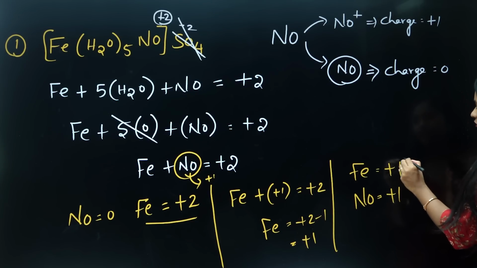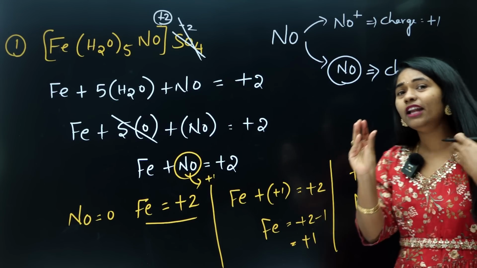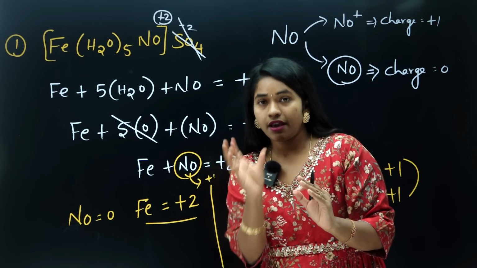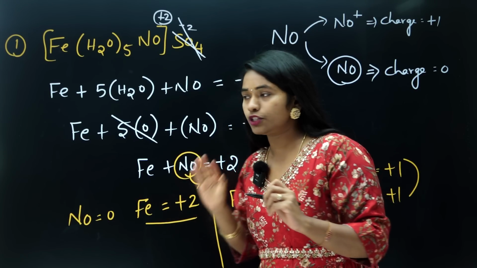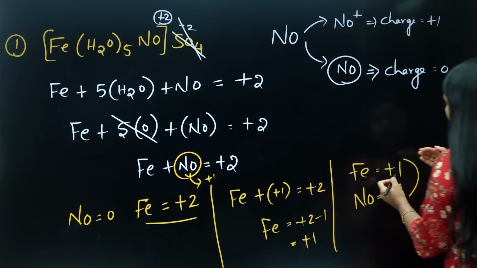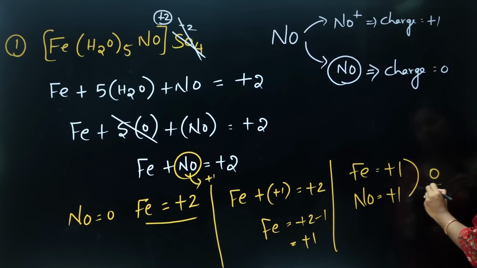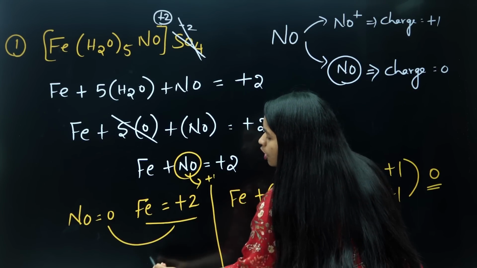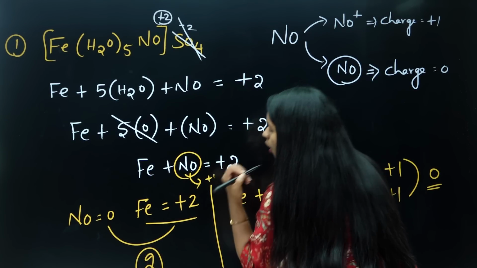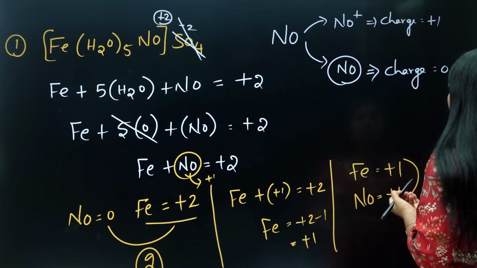So see the difference between NO and Fe. If you put NO plus 1, you are getting Fe plus 1. So the difference here is plus 1 minus plus 1, so it is 0. In the other case the charge difference is 2.